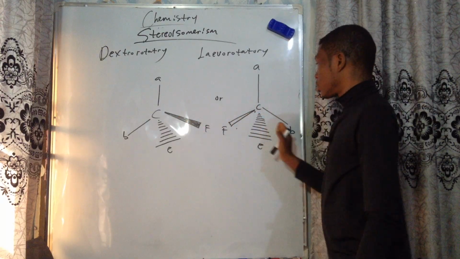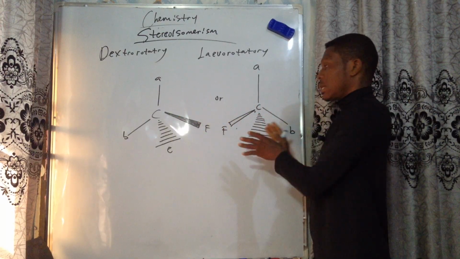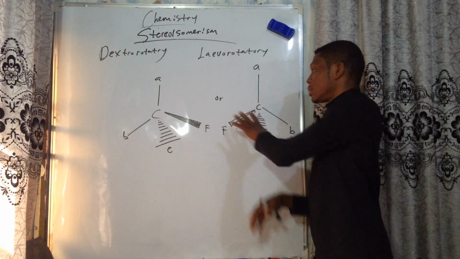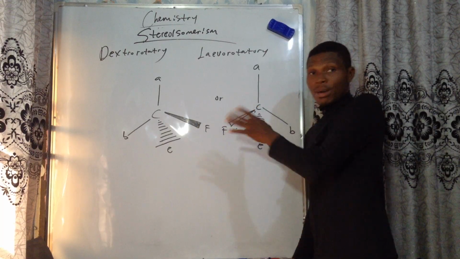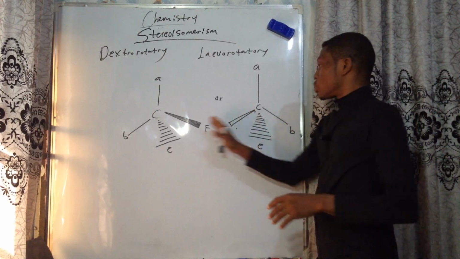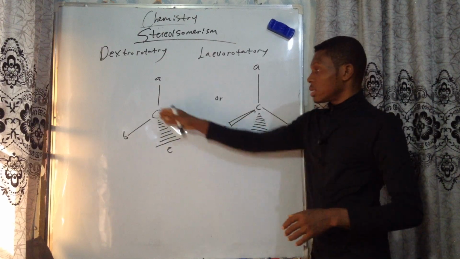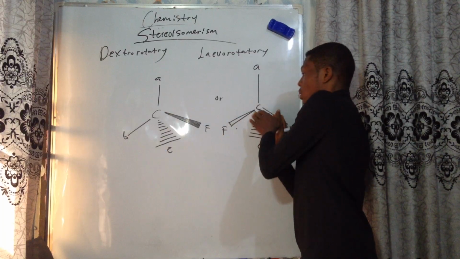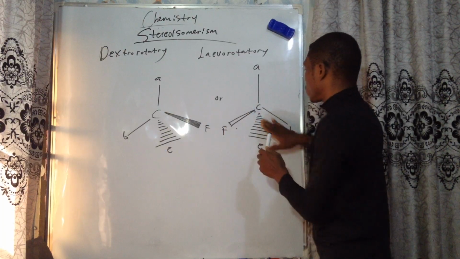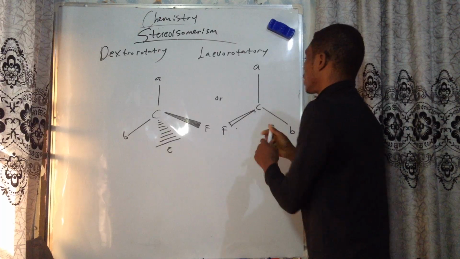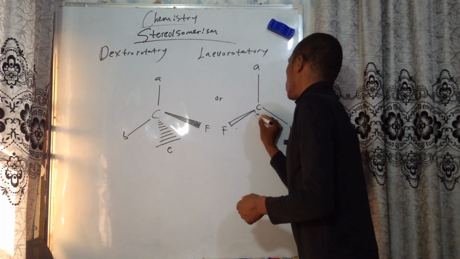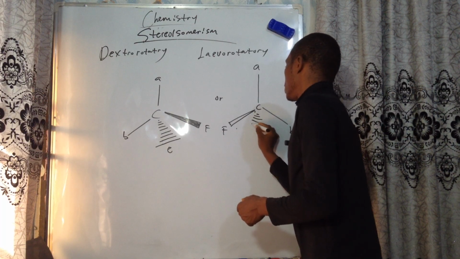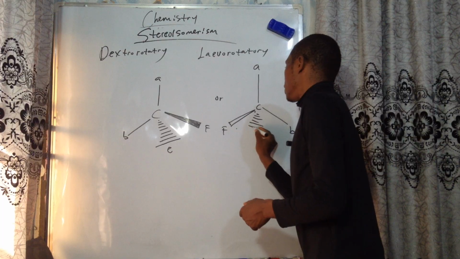Look at this, see how I draw this. The diagram is not that perfect, but just use it to understand this. This thing is going like this, then this one should be going like this, so that it will resemble a mirror image.